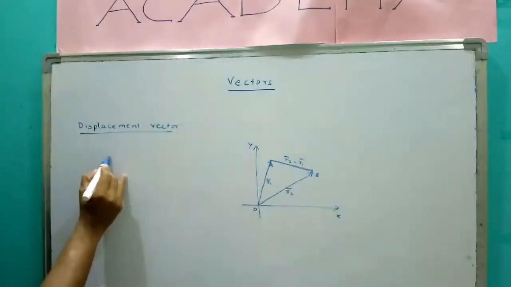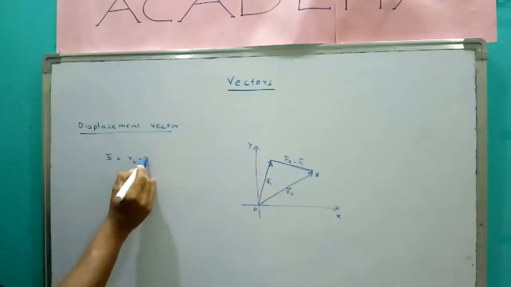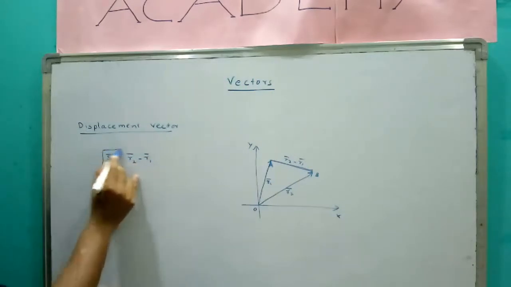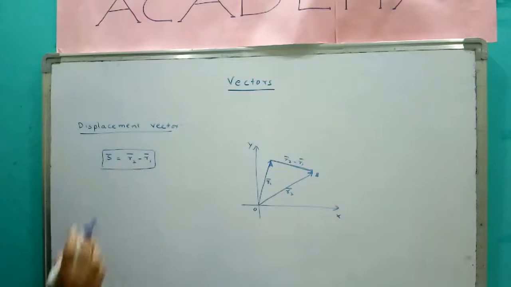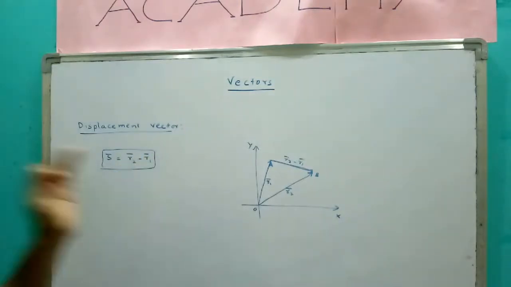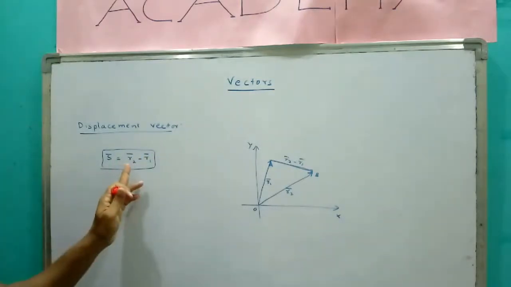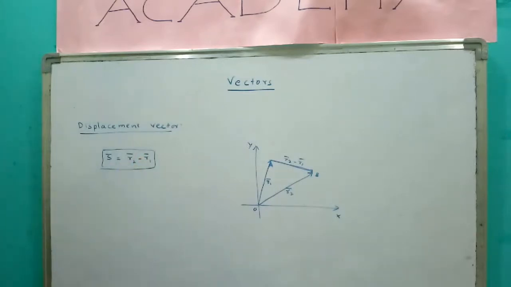So we can write the displacement vector as R2 minus R1, the difference of position vectors, that means final position vector minus initial position vector.